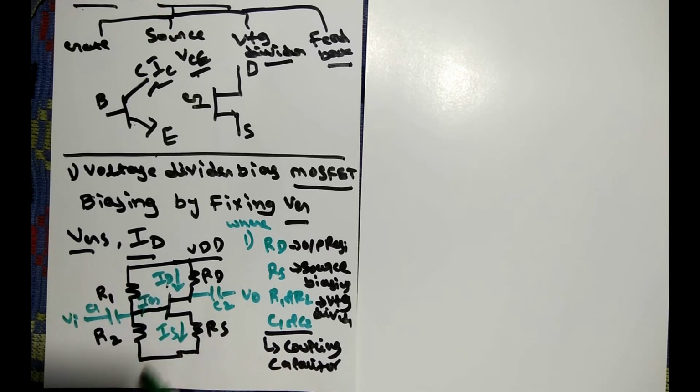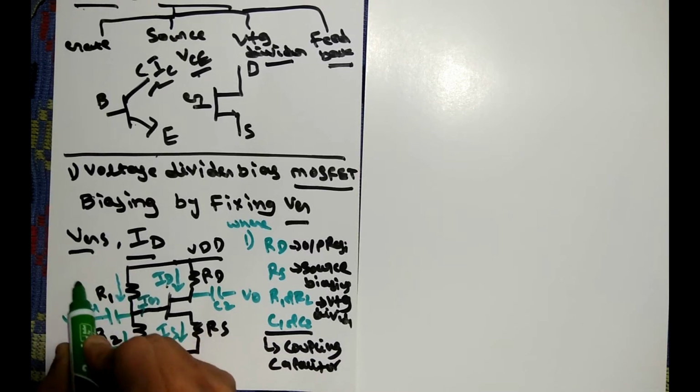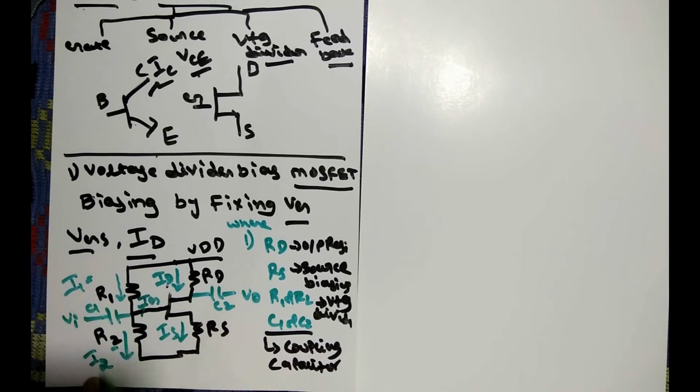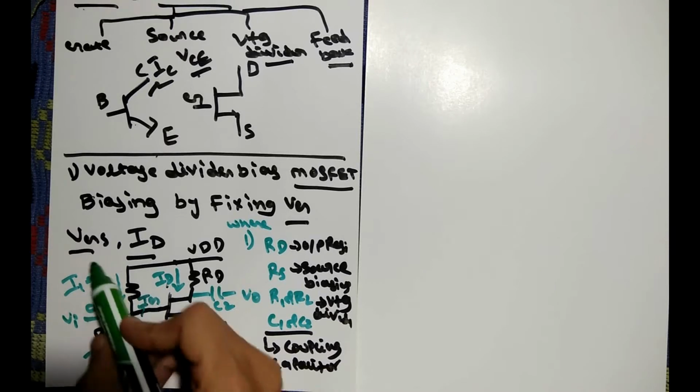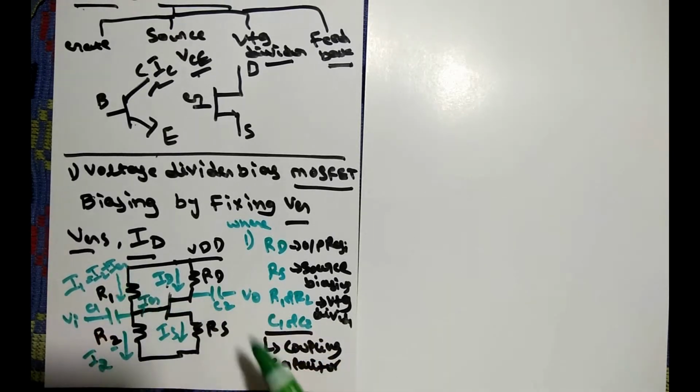So we have three currents: ID, IS and IG. The current here we call I2 because of R2, and the current here we call I1. I1 is nothing but I2 plus IG. So these are the currents flowing in the MOSFET.